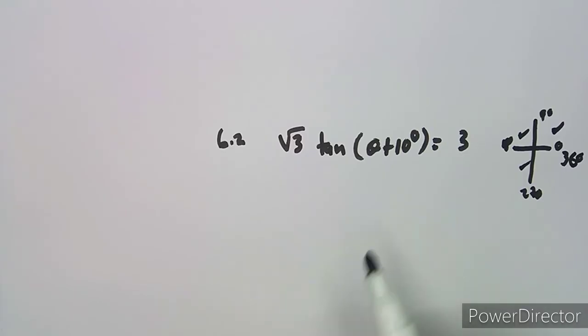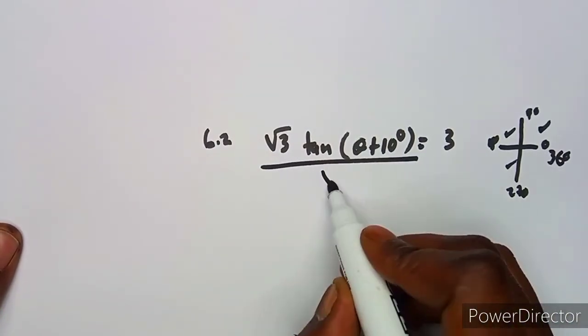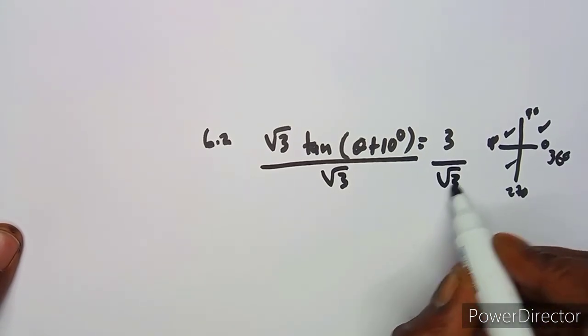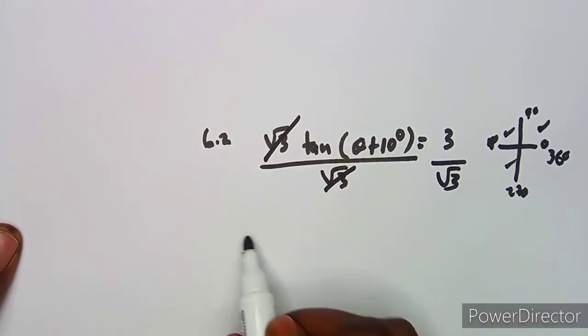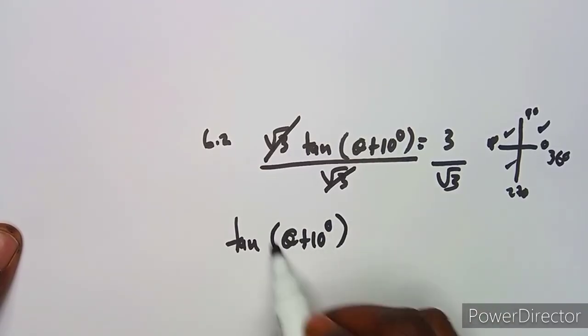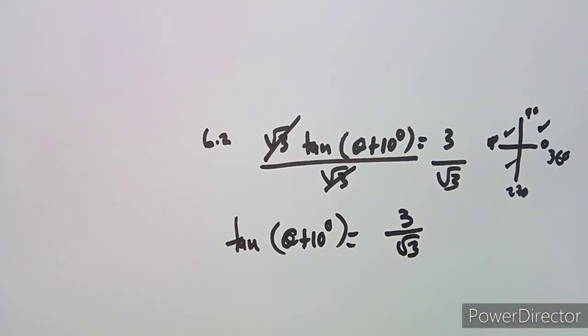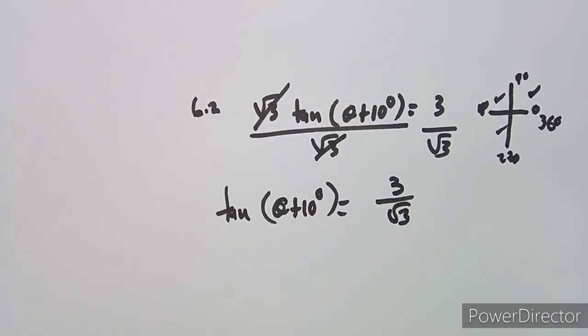The first thing, guys, let's remove the parts which are affecting. Divide by square root of 3 on both sides, and cancel this out. That gives tan of theta plus 10 degrees equal to 3 over square root of 3. Remember what I always say about the reference angle. The reference angle is the acute angle of the quadrant.